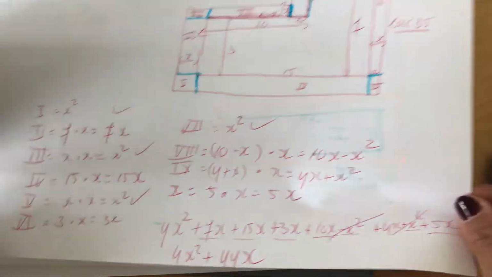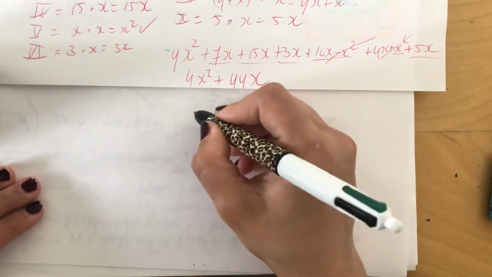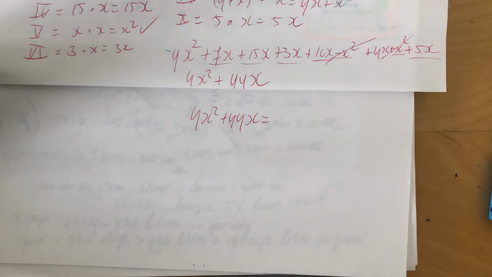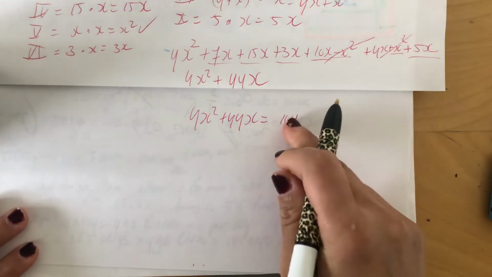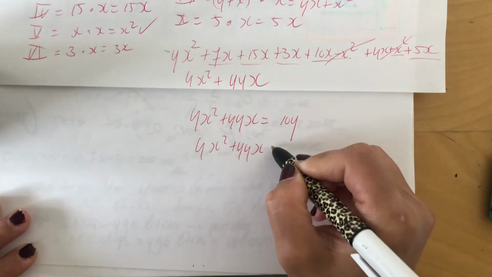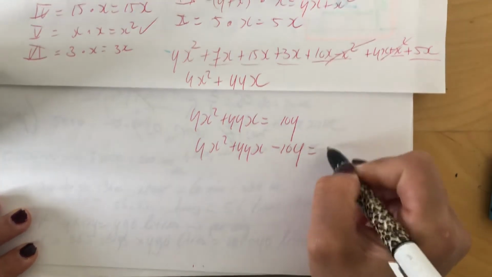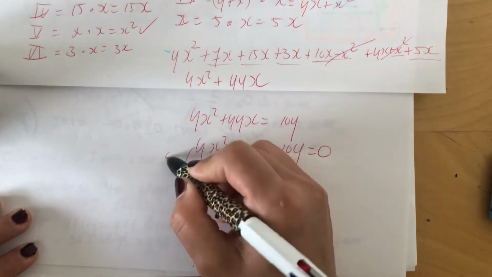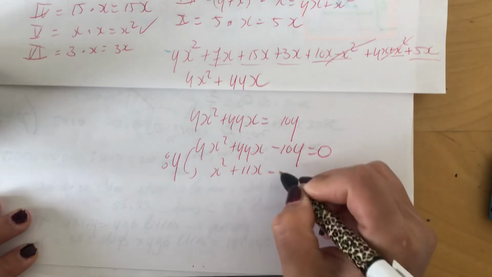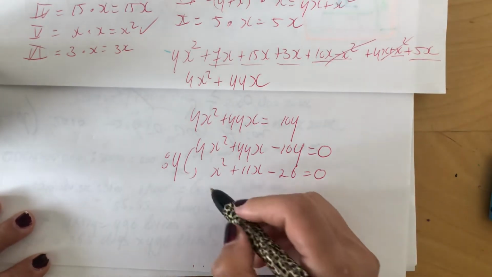Now, to solve the equation, of course, you write down the equation. They were asking, what was it again? When you look in the text, it was 104. Bring it to the left side. Let's see if you can divide it by 4. That would be great. And yes, you can divide everything by 4. x squared plus 11x minus 26 is 0.